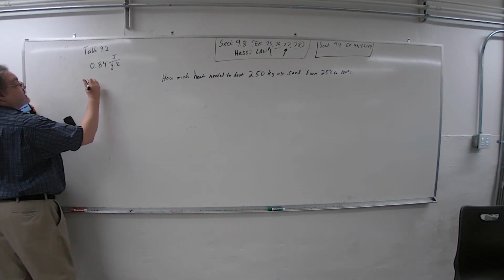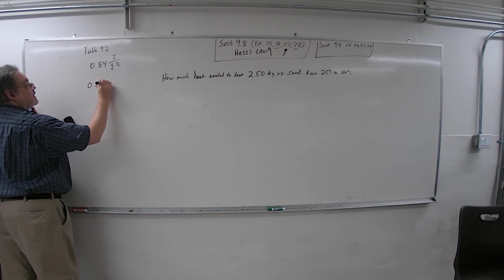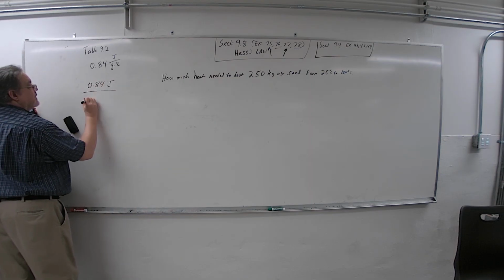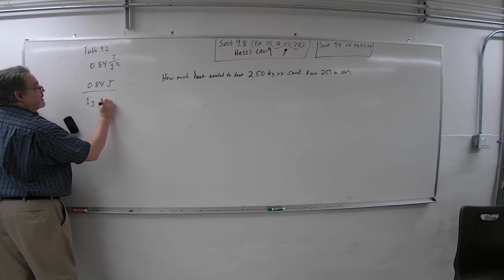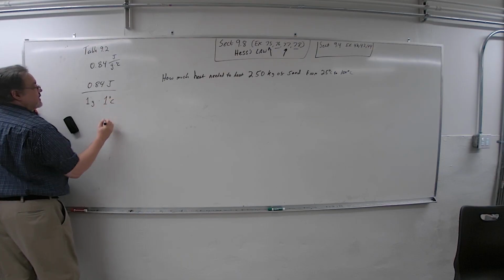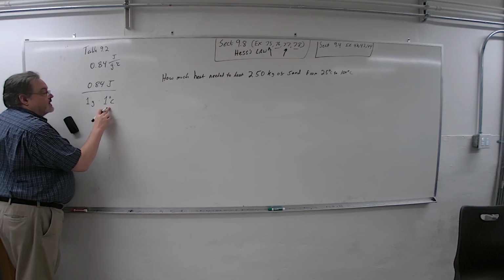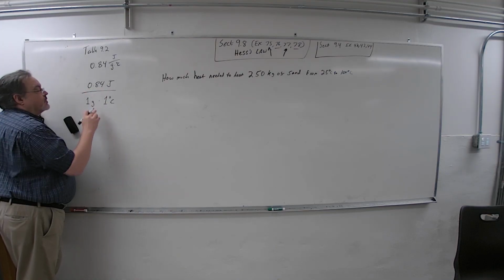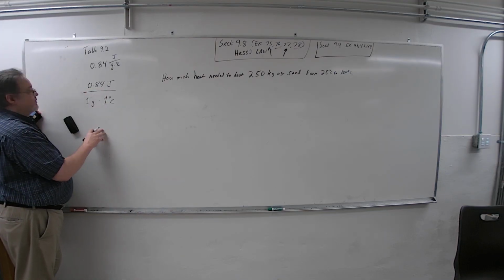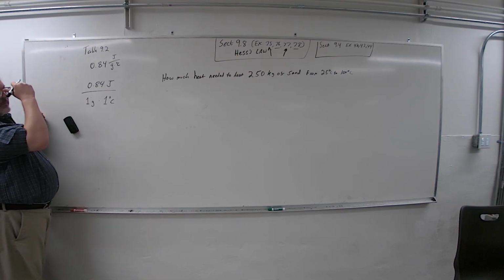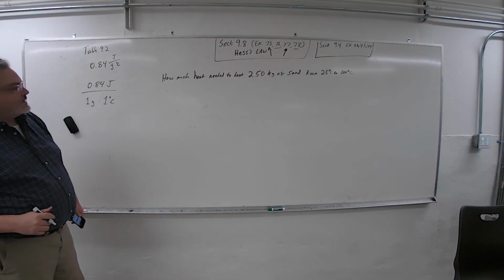Another way to say that is for every 1 gram of sand, you can change it 1 degree C if you put 0.84 joules of energy into it. That's the heat capacity of sand. So we need that to solve this.